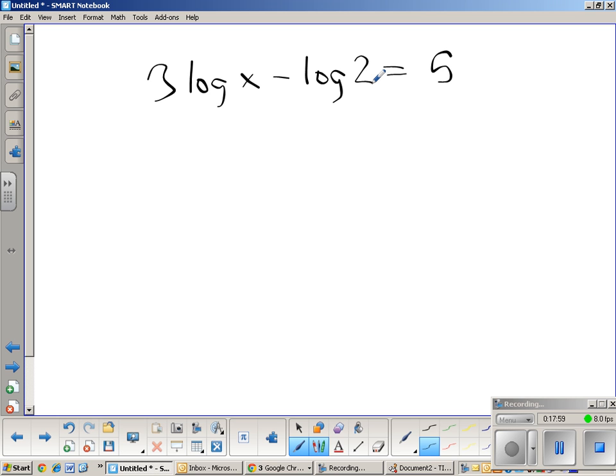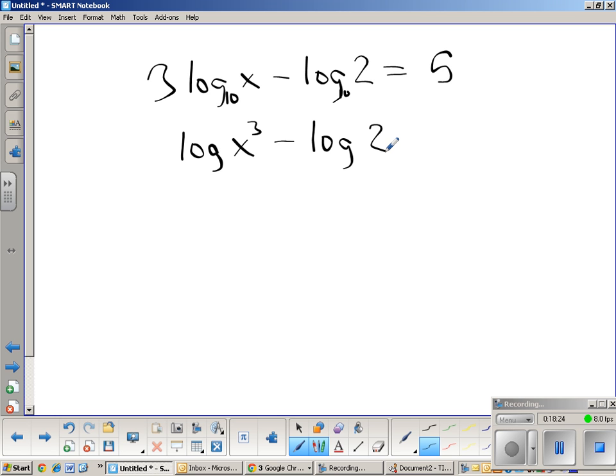Log x divided by 2 to the power. Okay, so she's saying I want to combine my logs since they're the same base 10. I agree with that, but I'm going to slow it down. This is log x the third minus log 2, right?